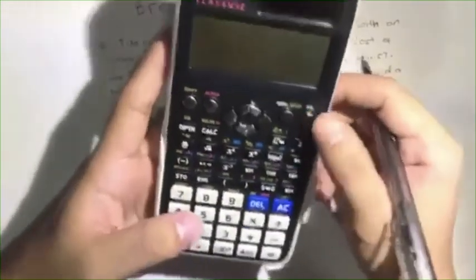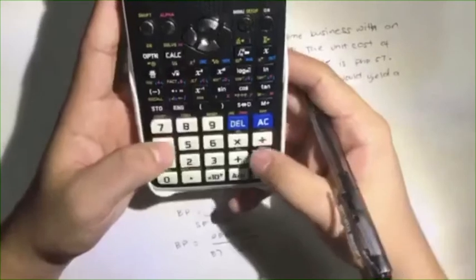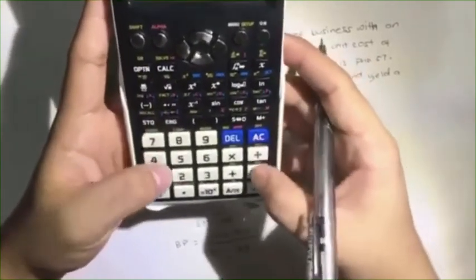So we minus first 57 minus 38. You have 19.